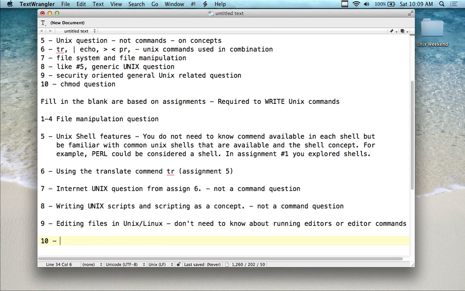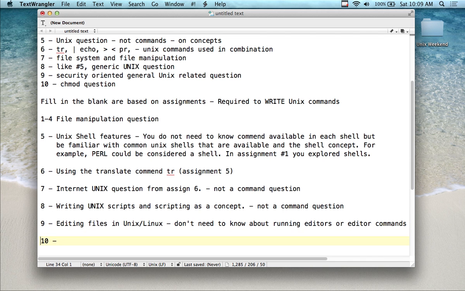I don't use it. So let's say number 10. Number 10 is, so this is not a command question. Here, actually, let me wrap it this way.